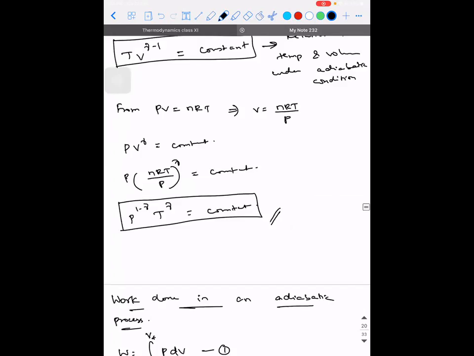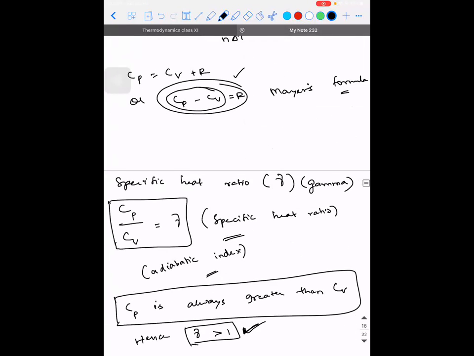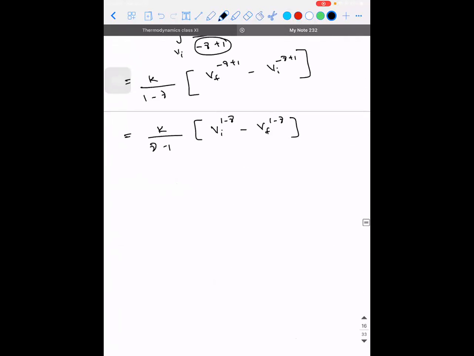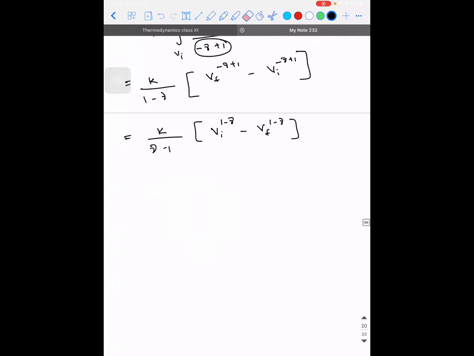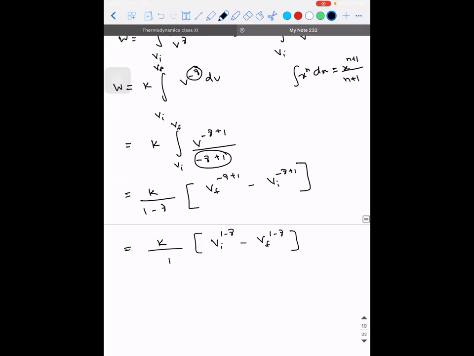I told you in the previous subtopic that gamma is always greater than 1. Is there any doubt till this step? It's not yet over. Is there any doubt?